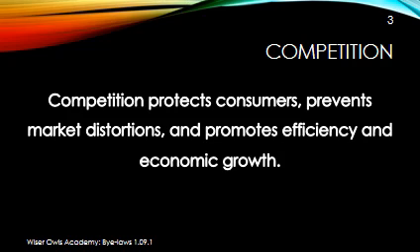So the keywords here which concern us are protection of the consumer and prevention of market distortions. And by the time you finish the third lesson in this module, you will understand how to apply the law in order to protect our interests.